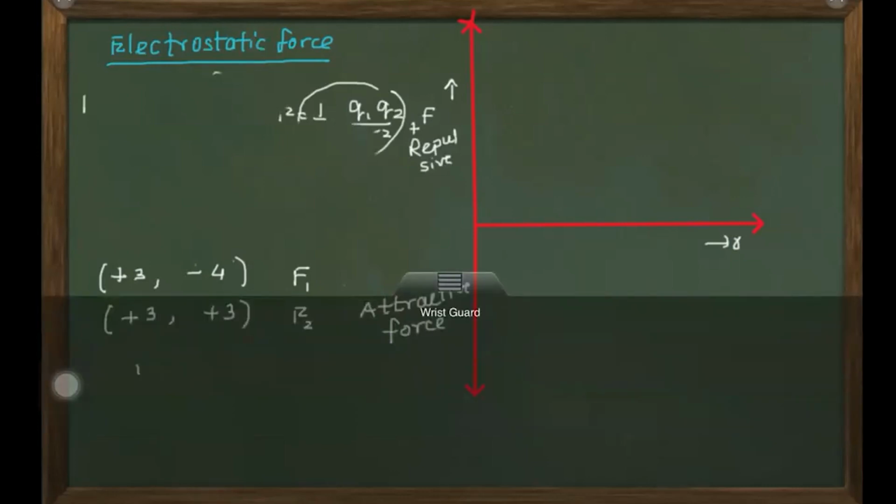F is equal to K, which is a constant taken by me. Don't worry, it's simply a notation I have taken, times +3 times -4, divided by R, the distance, say 10 centimeter, whatever is given here.